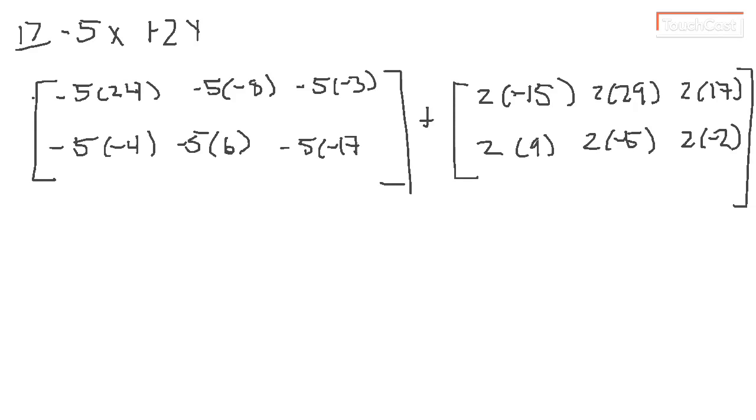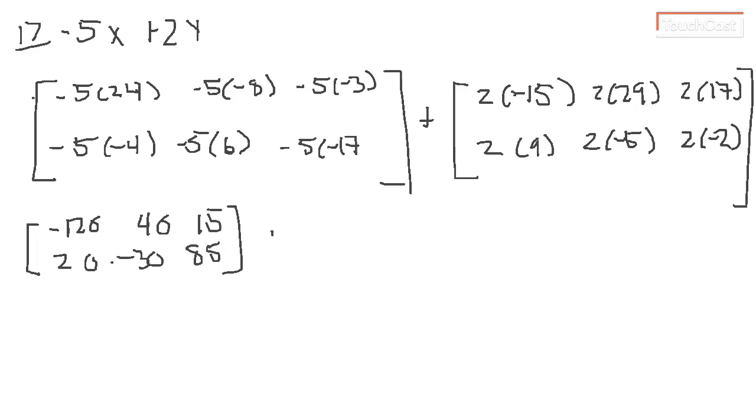So when multiplying, negative 5x is going to give us the matrix negative 120, 40, 15 for one row, 20, negative 30, and 85 for the second row.